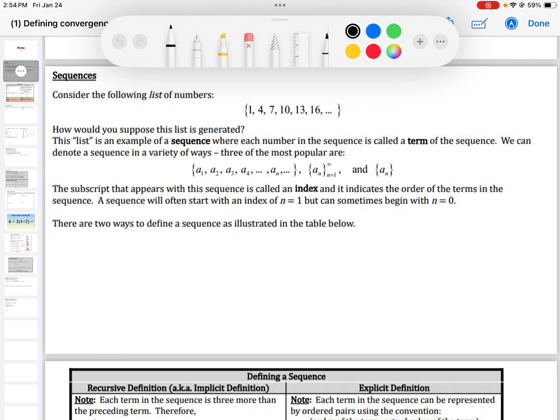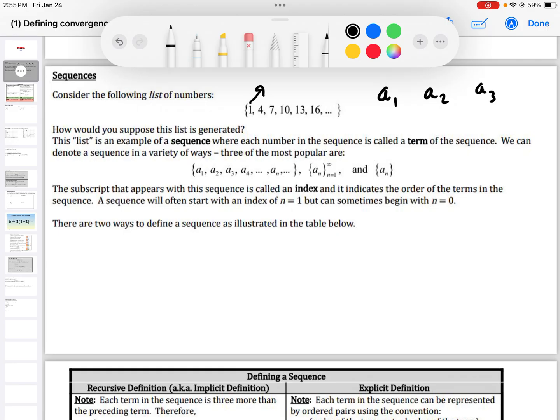All right, so consider this following list of numbers: 1, 4, 7, 10, 13, 16. How would you suppose this list is generated? So this list is a sequence, and each number is a term in the sequence. So I would reference this first term with an A sub 1.